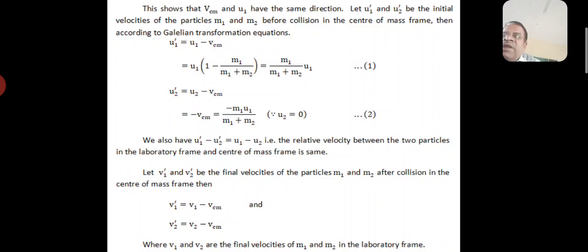Let v1 dash and v2 dash be the final velocities of the particles of mass m1 and m2 after collision in the center of mass frame. v1 dash equals v1 minus Vcm and v2 dash equals v2 minus Vcm, where v1 and v2 are the final velocities of m1 and m2 in the laboratory frame.